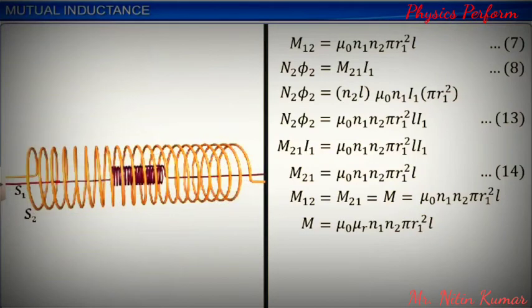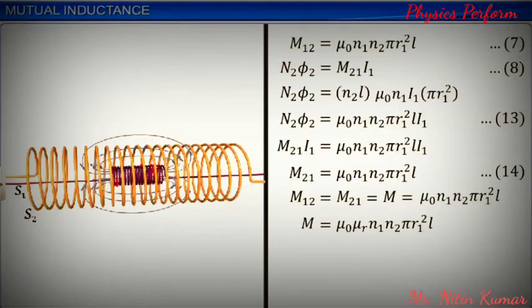However, in this case, it is difficult to find the flux linkage with outer solenoid due to the current through the inner solenoid. This is because the magnetic field due to the inner solenoid would vary across the length as well as the cross-section of the outer solenoid. Thus, calculation of mutual inductance M21 becomes difficult.